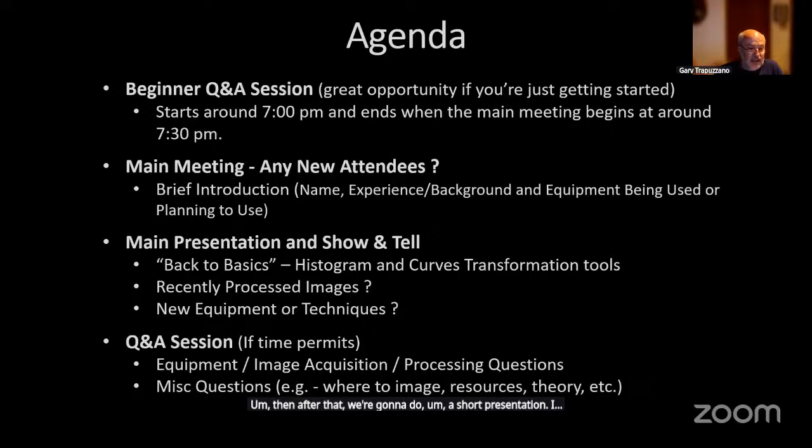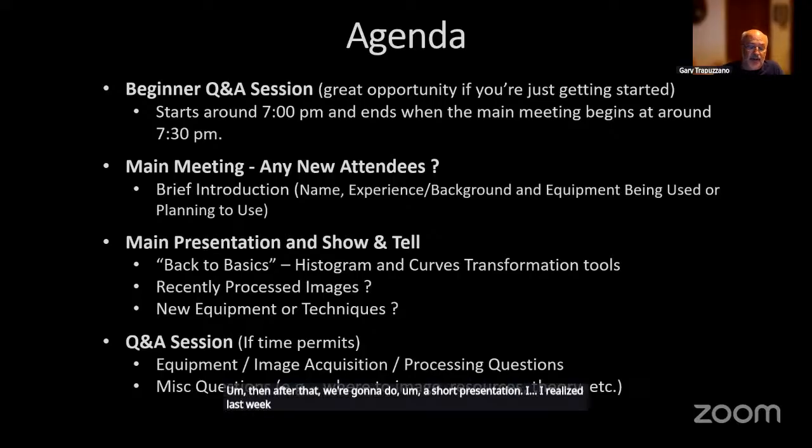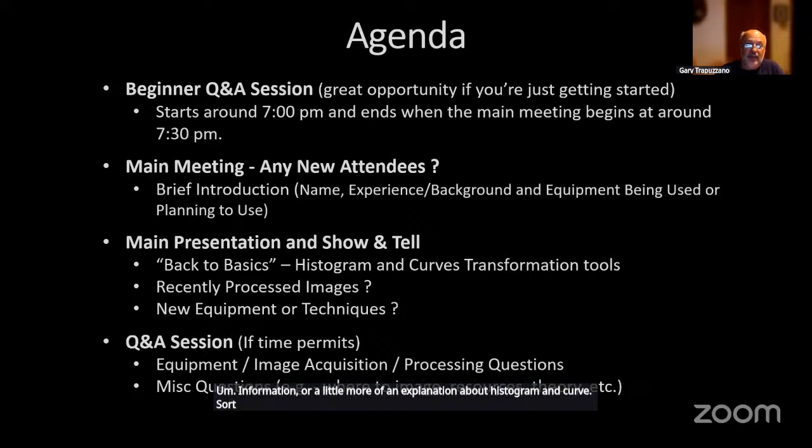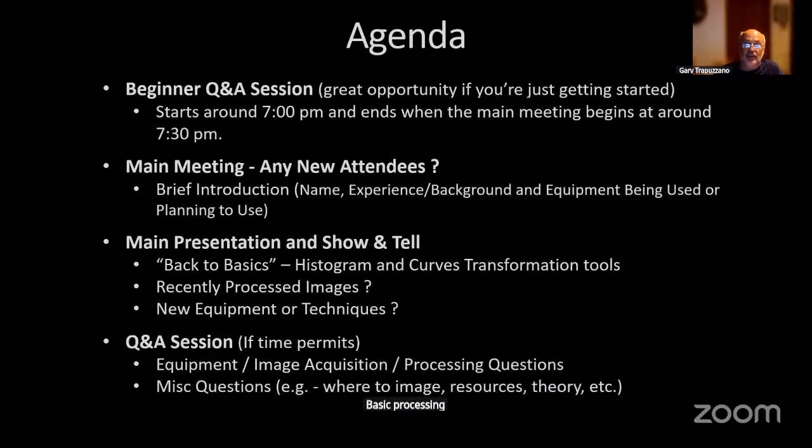I realized last month, when I did that little M71 processing tutorial, that it probably wouldn't hurt to have just a little more information or a little more of an explanation about histogram and curves, sort of basic processing tools.